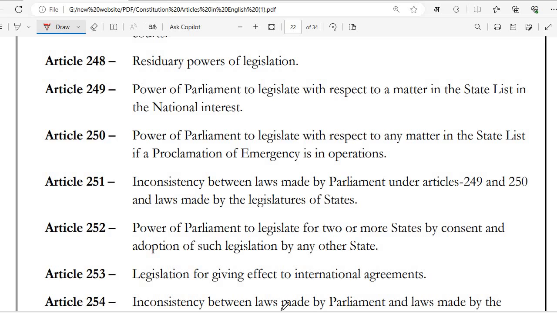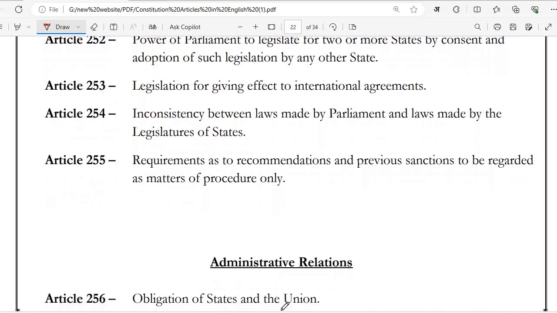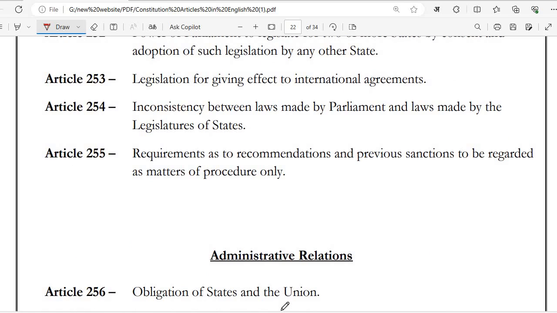Article 250, power of Parliament to legislate with respect to any matters in the state list. 251, 252, 253, very important: legislation for giving effect to international agreements. If India has made any agreement or treaty with a foreign country, then Parliament can make law for the implementation of this.